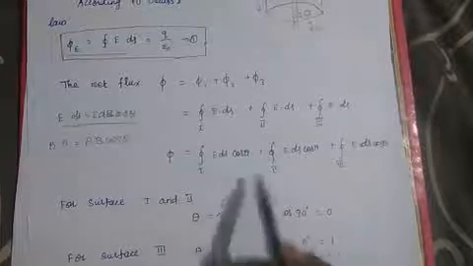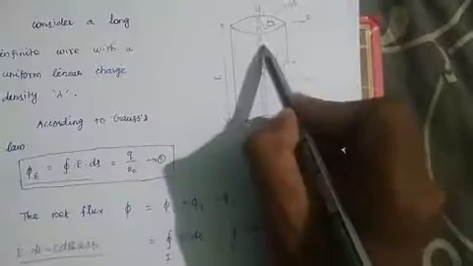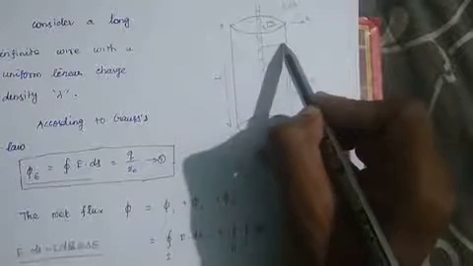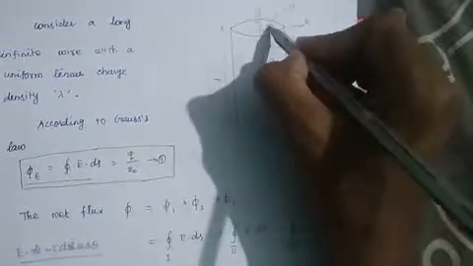This is for surface 1, surface 2, surface 3. So for surface 1 and 2, theta is 90 degrees. How is it 90 degrees? The electric field generated by the length of wire is in this direction, and the area vector acts along this direction.